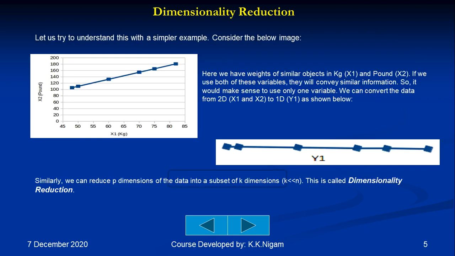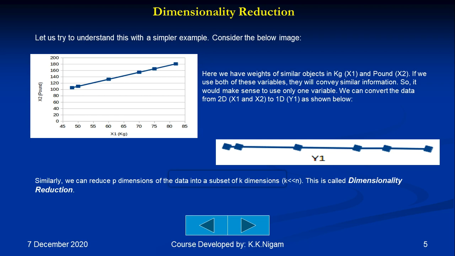Now let us try and understand with a simple example. Consider below there's data where we are having weights of similar objects. Now suppose a person is weighed in kgs and he is also weighed in pounds. Now these are two units of measurement.